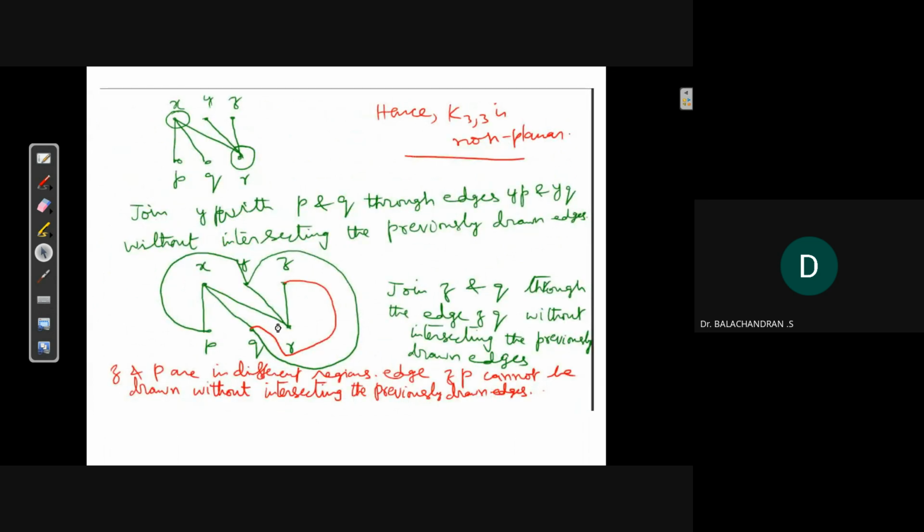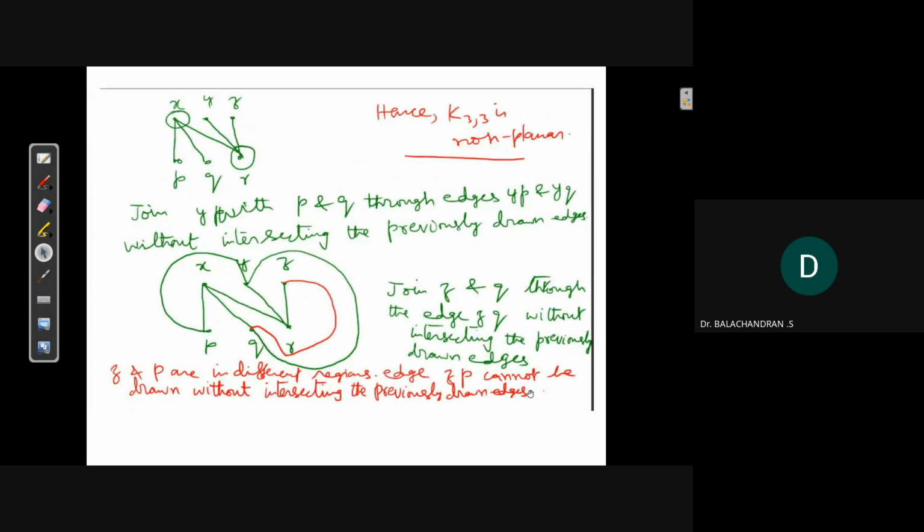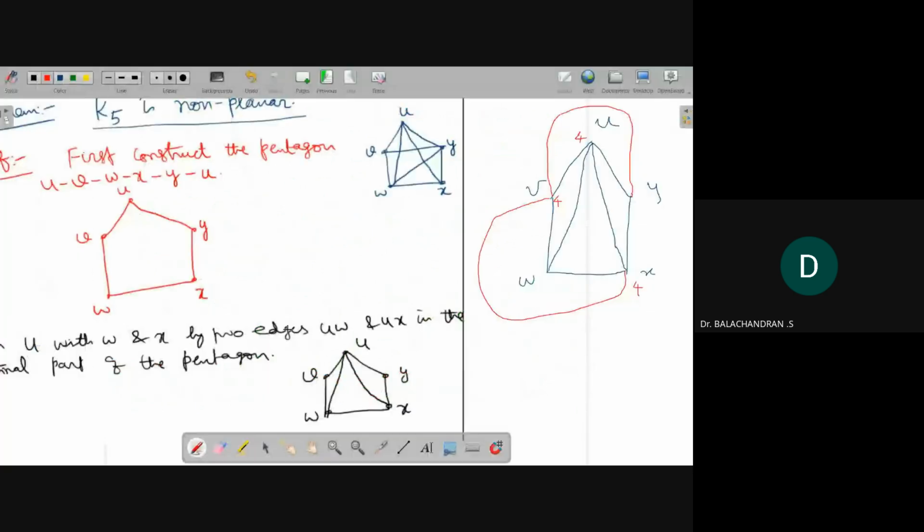That means YR and ZR. Join Y and Z with R through the edges YR and ZR without intersecting the previously drawn edges. I think you understand this easily, that's why I didn't draw the diagram.